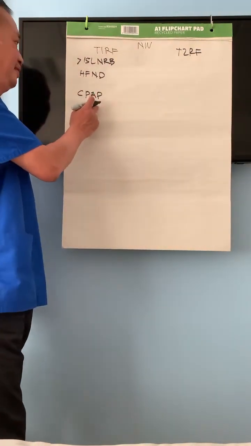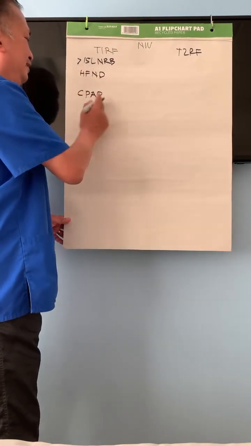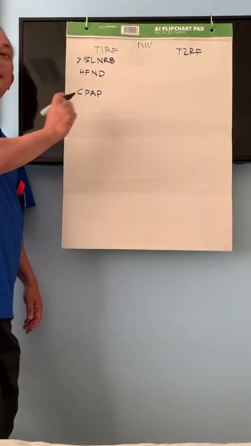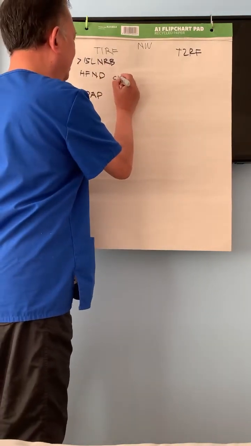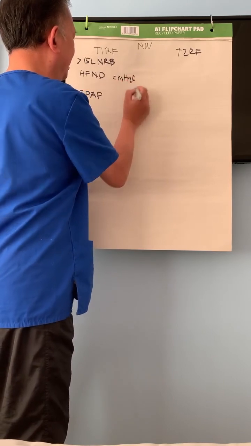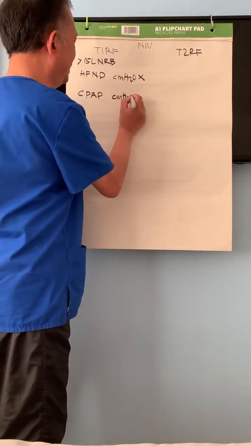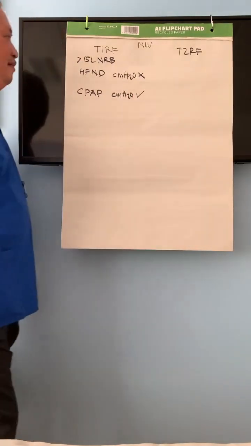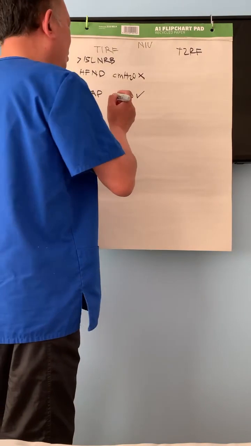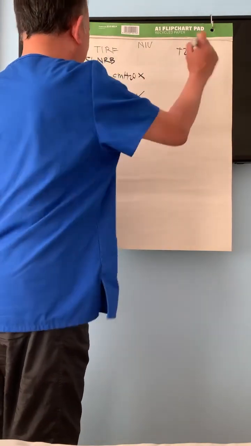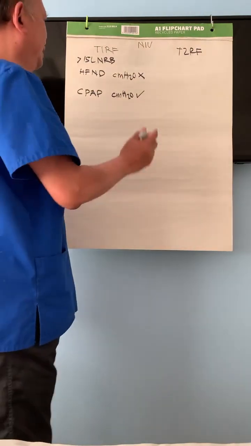And CPAP has the pressure setting. We can adjust the pressure in centimeters of water. With high flow we cannot adjust the centimeters of water, while with CPAP we can. We will come back to type 2 later on another page. It's going to be a little busy page.